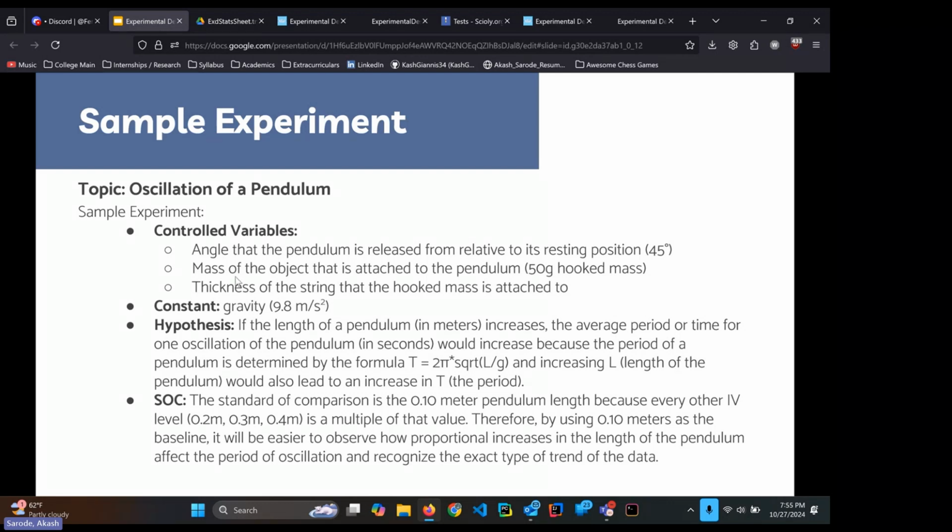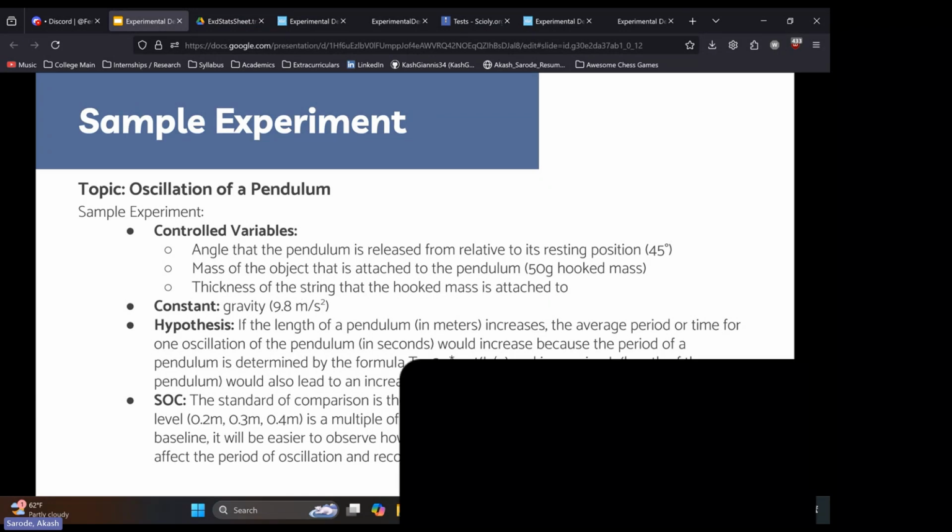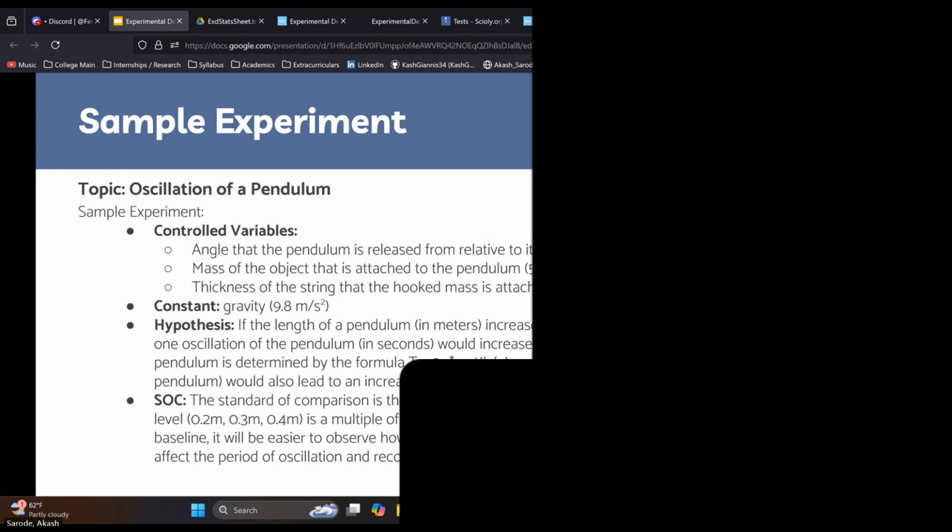So if you say the color of the string for the pendulum experiment, that would not be a relevant controlled variable because it doesn't have an impact on the dependent variable, and it's not related to the physics behind the experiment. So yeah, that's the answer to that question.